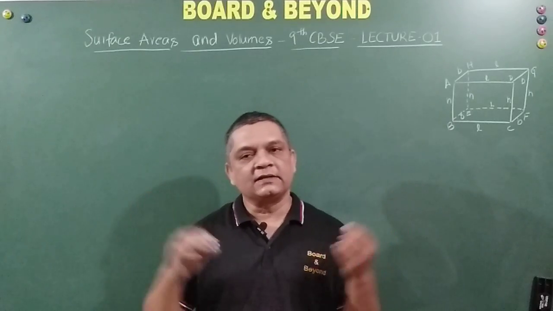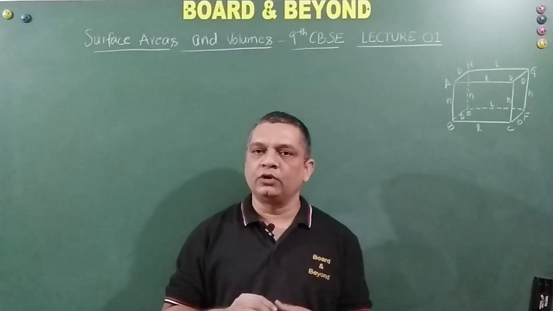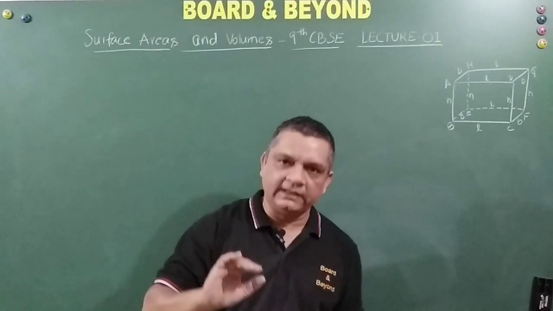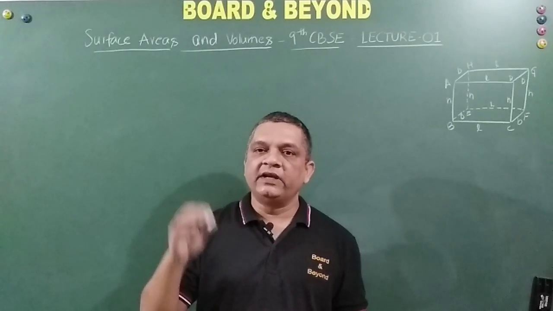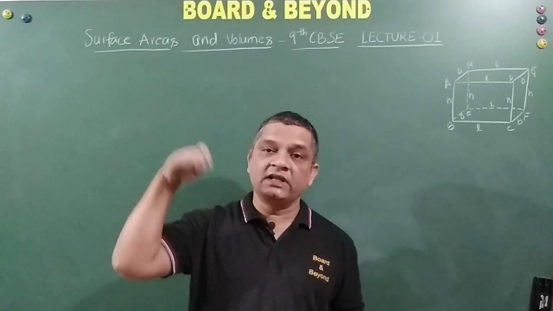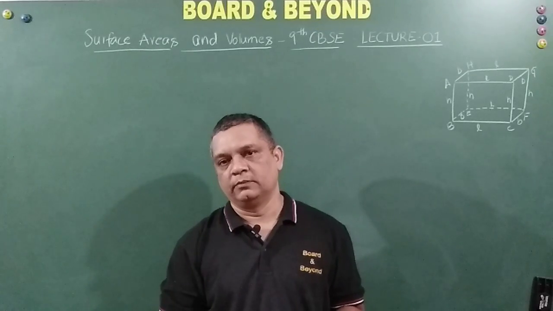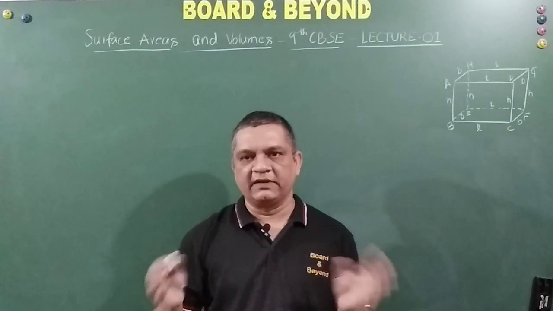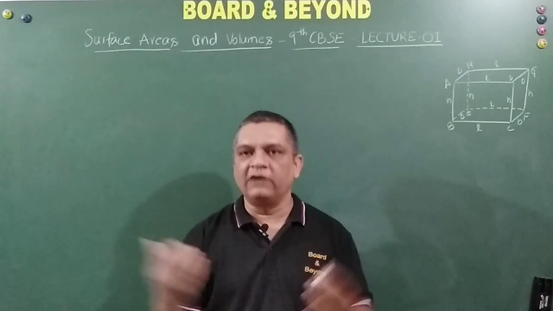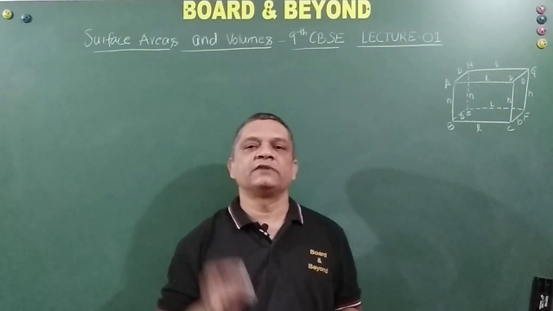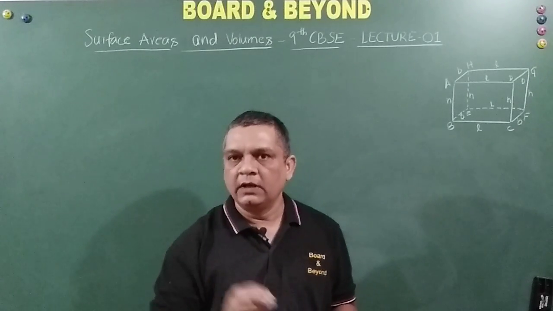And then let us understand volume as well. What is a volume? The material content of an object is called the volume, or the material which the object can hold inside is called the volume. If it is an open container, it will hold something, and if it is a closed solid figure, then the material content of the object is called volume.